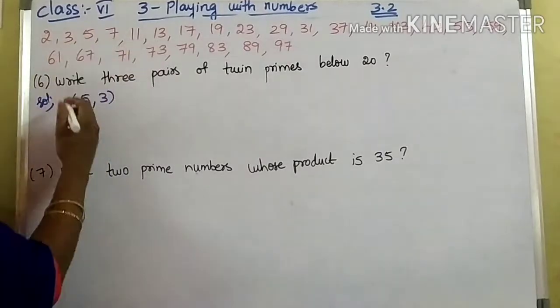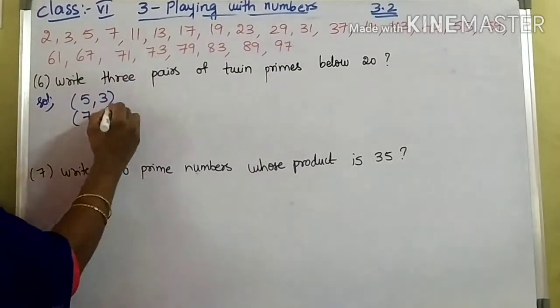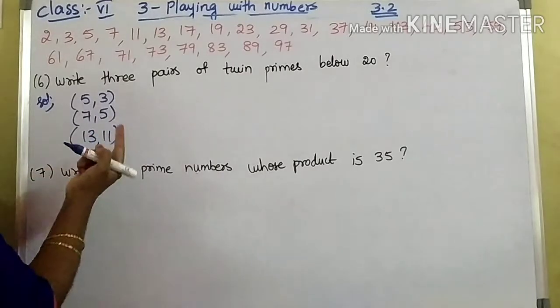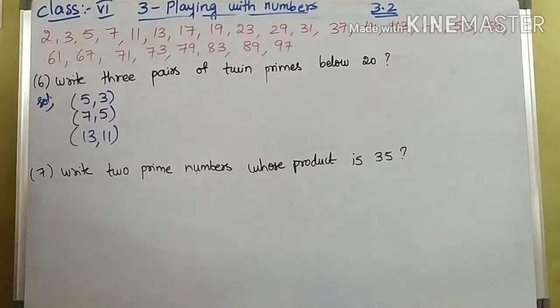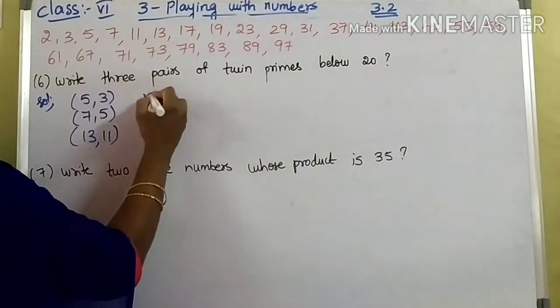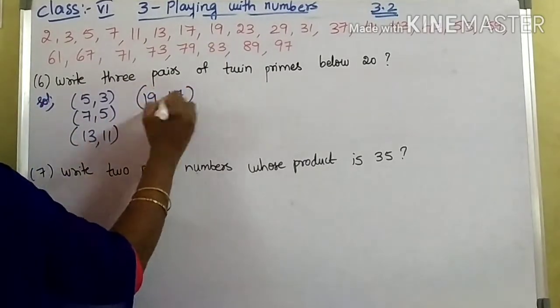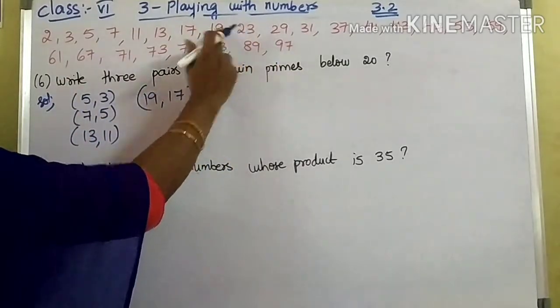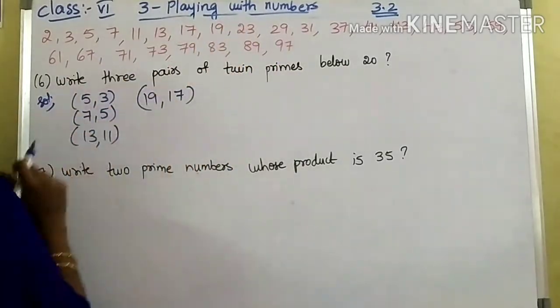Next 7 and 5. Next 13 and 11, 13 minus 11 is how much? 2. Next 17 minus 13 is 4. So 17 and 13 are not twin primes. Next 19 and 17 are twin primes. Any other numbers? No, they are asking below 20. So up to here we are getting 4 pairs of twin primes.